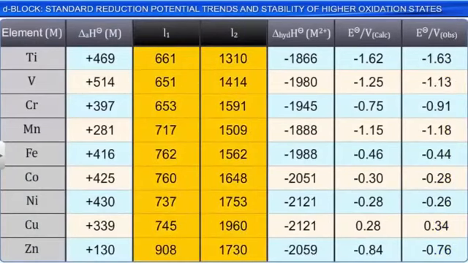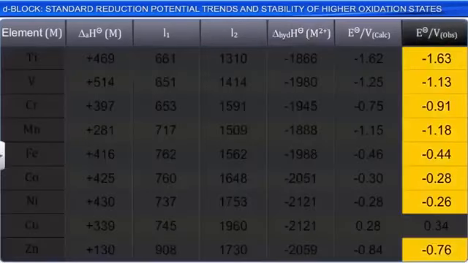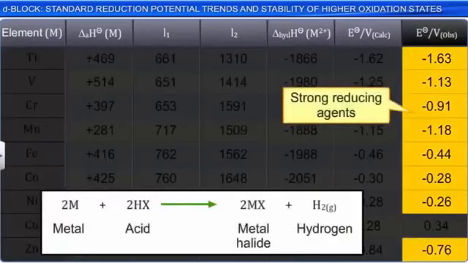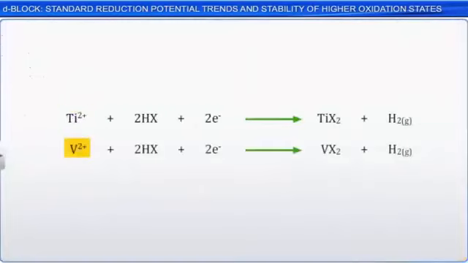All those elements with negative reduction potentials act as strong reducing agents and liberate hydrogen from dilute acids. For example, titanium 2+, vanadium 2+, and chromium 2+ ions act as strong reducing agents and liberate hydrogen from a dilute acid, as shown in the equations here.